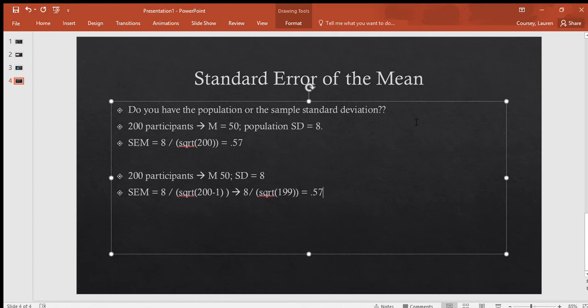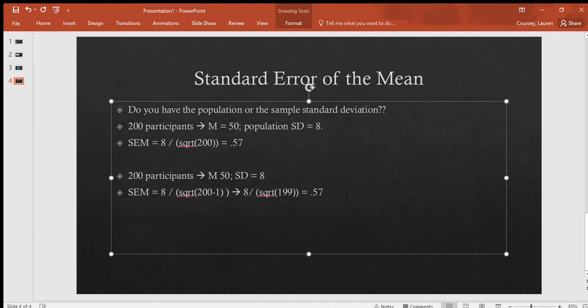So within rounding, it's the same, but as our sample size decreases, if we had a much smaller sample size, then the fact that we're subtracting 1 from our sample size is going to matter a lot more. The difference between 200 and 199 is not as great as, say, the difference between 10 and 9, for instance.